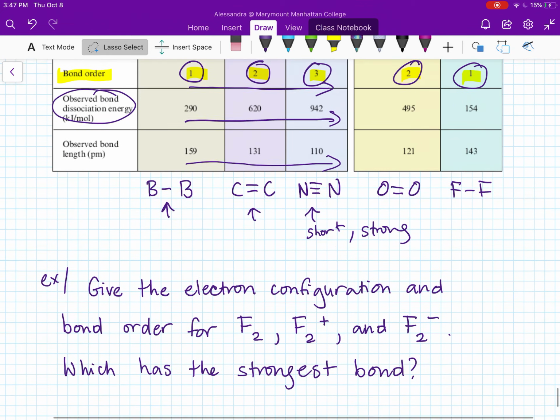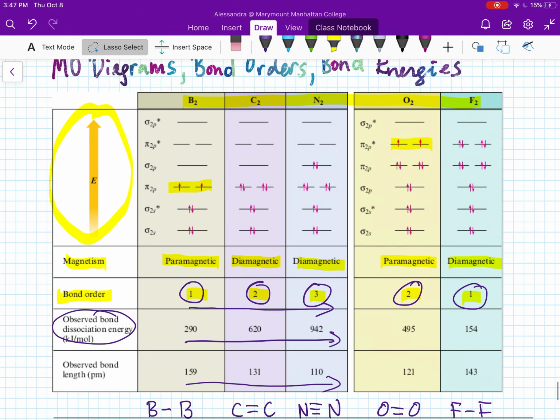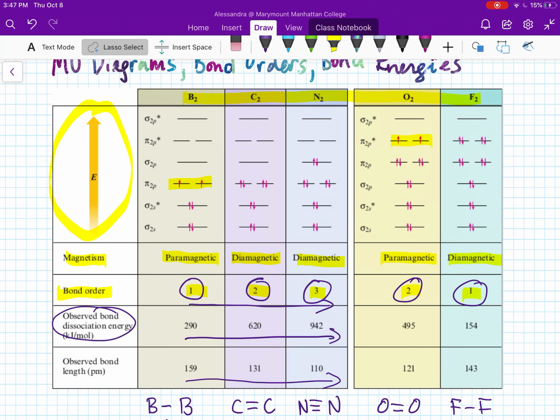So the way that we do this is by going back to our table here and figuring out which order we want for the F2 molecule. So F2 is over here, and the order of molecular orbitals is given here.